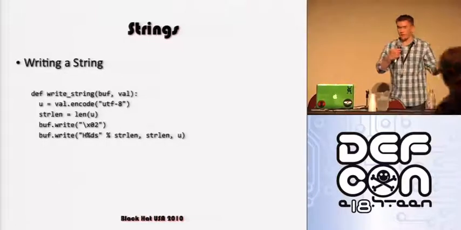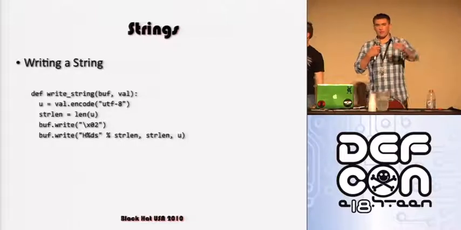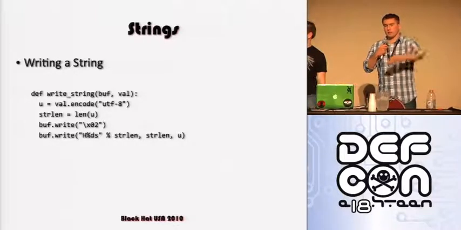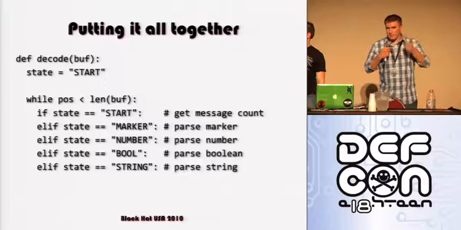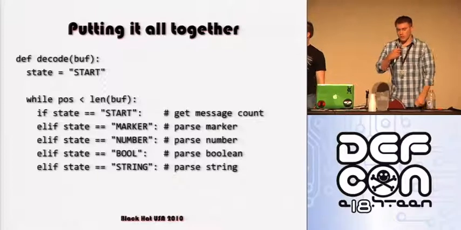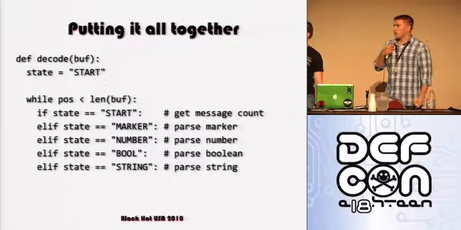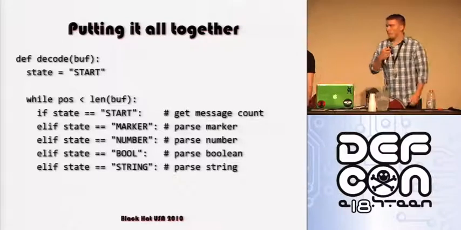Writing a string is basically the opposite. Write our type marker, write the length of our string as a short, and write the string. So when you put it all together, as we're iterating over every position in the stream, as you run into these markers, you do the appropriate parsing of that data.